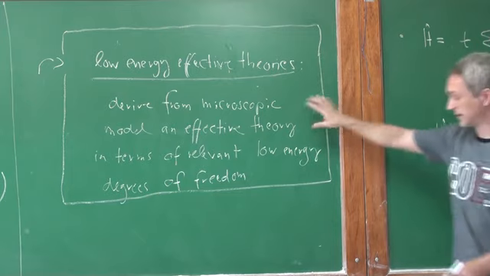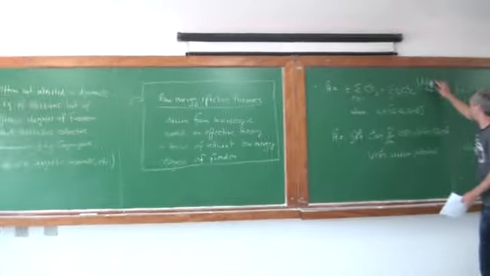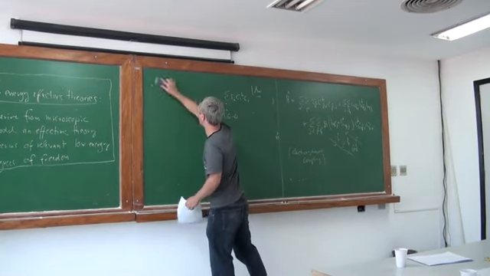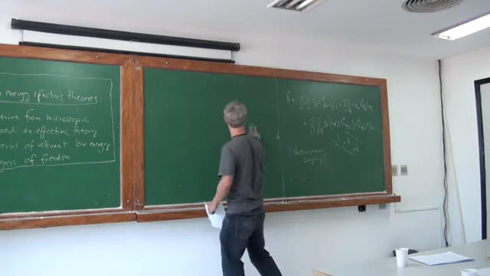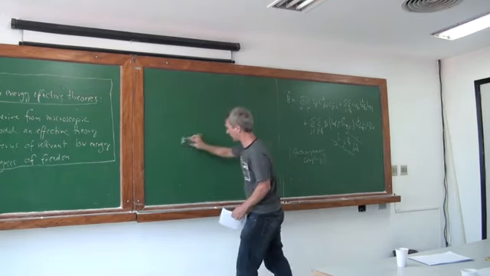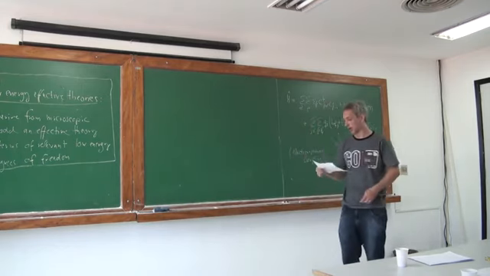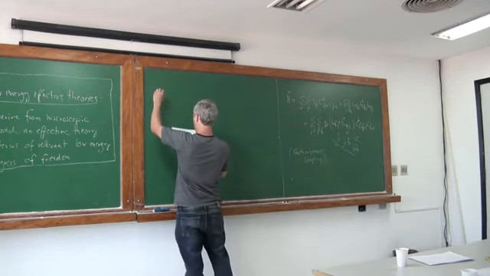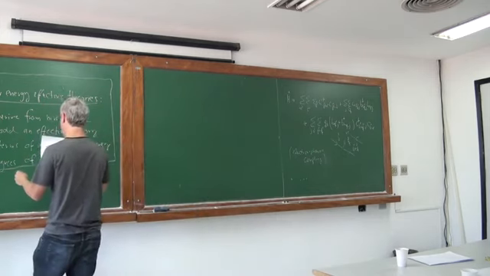Now, this may sound like a rather straightforward program, but it is not. The problem of identifying the relevant degrees of freedom that describe, for example, what an experimentalist measures in the laboratory can be really tantalizingly difficult.